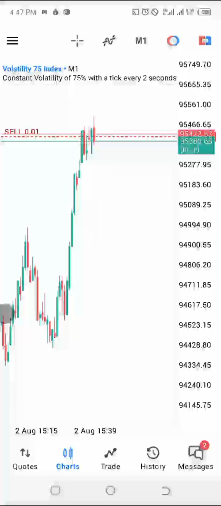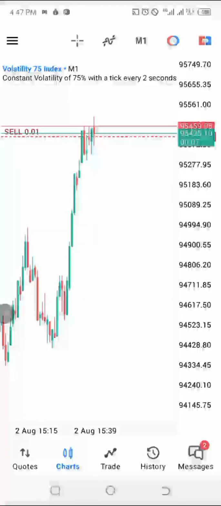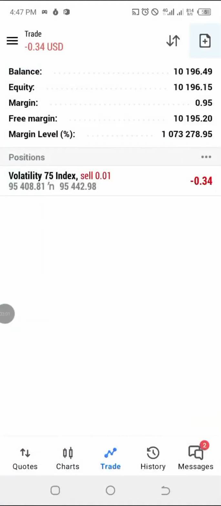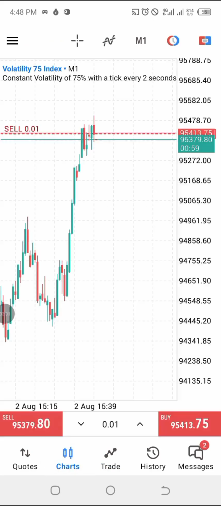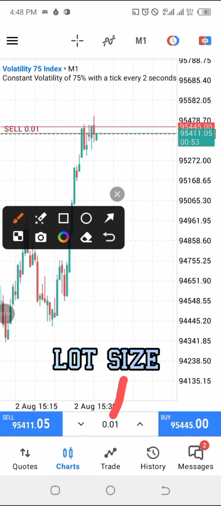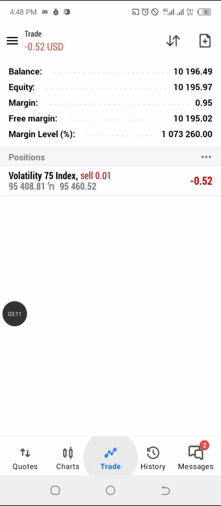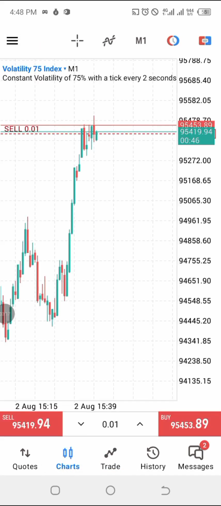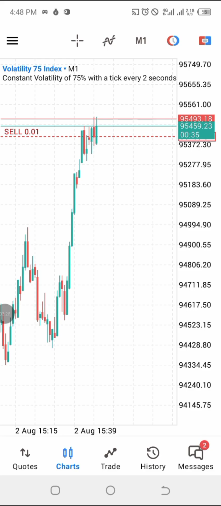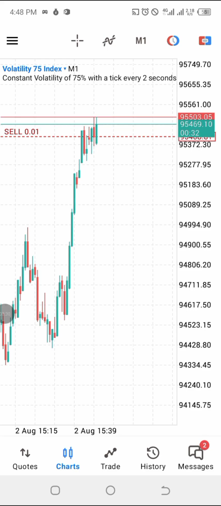But in layman's terms, if you took a trade using the least lot size of 0.01, see your lot size here, and your plan is that if this trade goes against me, I want to lose only $1.50, that means you are risking 15 pips, which is 15,000 points.